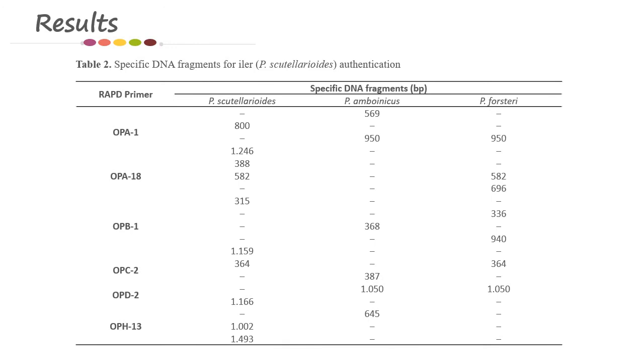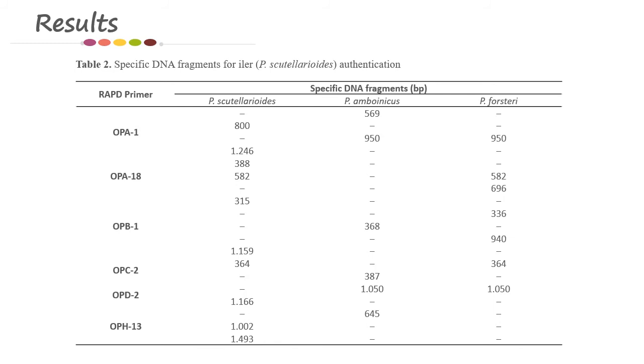Amplification using 6 RAPD primers also showed information on specific bands for authentication of Plectranthus scutellarioides, Plectranthus amboinicus, and Plectranthus forsterii. Primer OPD2 only produced 2 specific fragments with sizes of 1050 base pairs and 1166 base pairs.